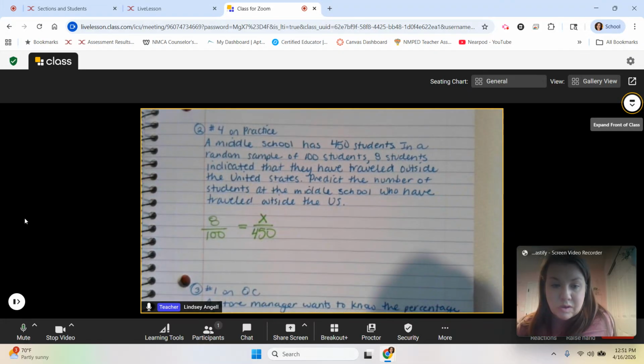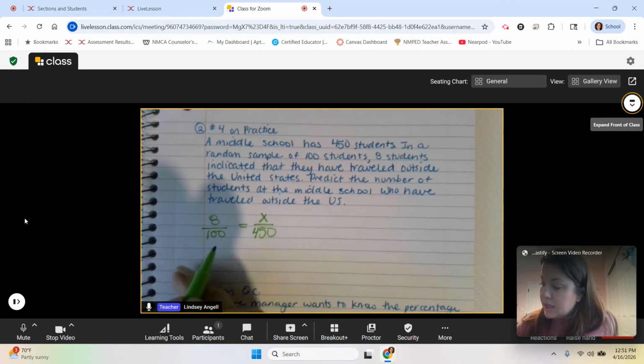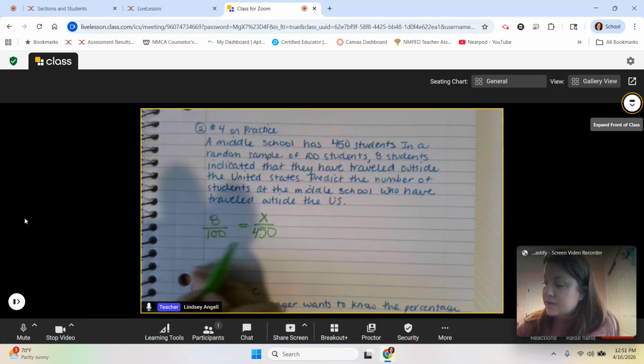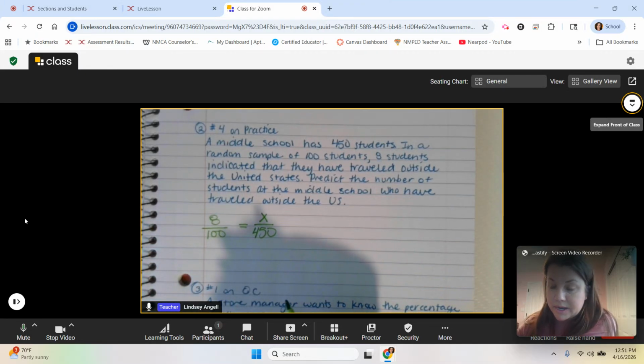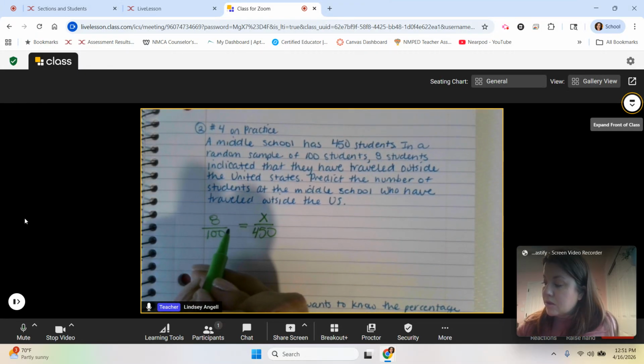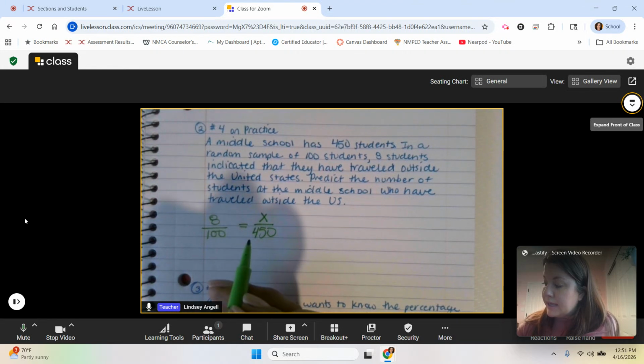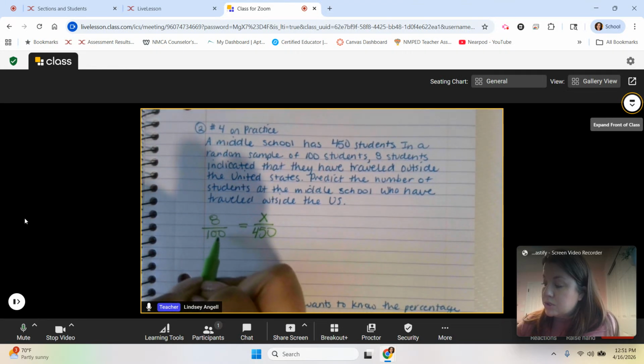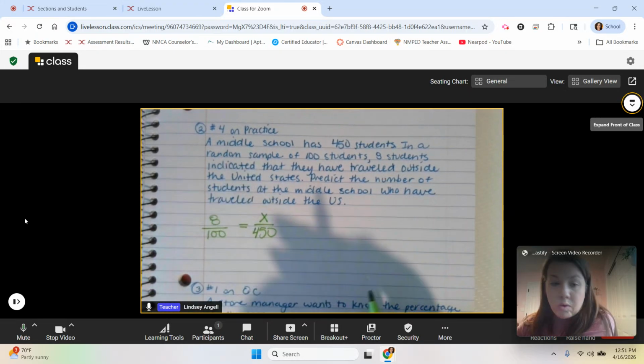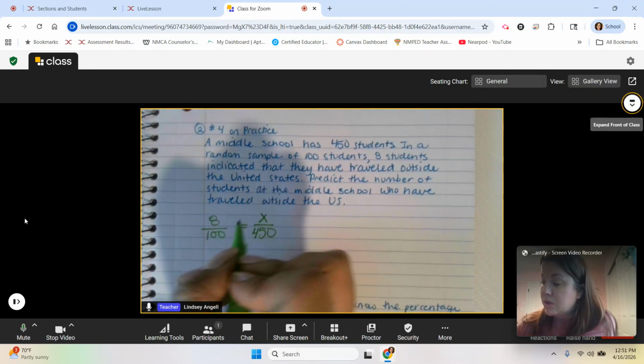We'll use X for our variable. If you can notice, what could I multiply by to get from one side to the other? Awesome, go ahead and do that. The other option is you could reduce this and then multiply, or you could use cross multiplication. It doesn't matter which method you use.